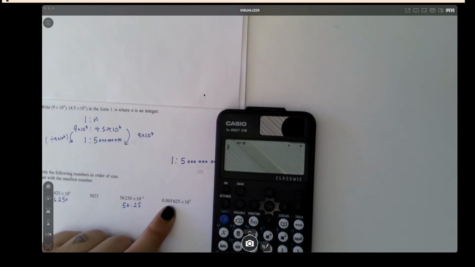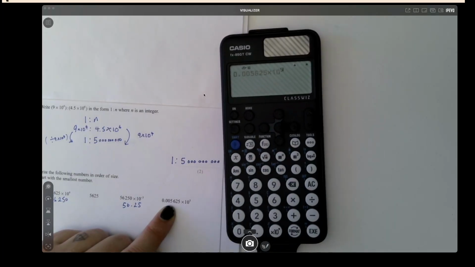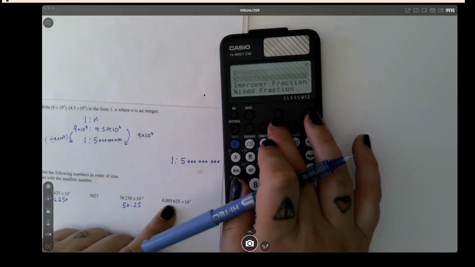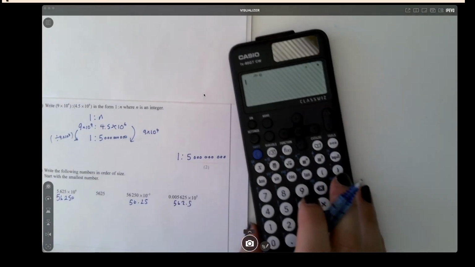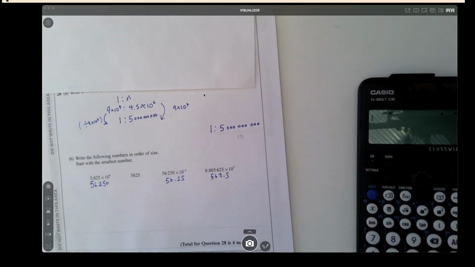And then let's do this one. So it's 0.005625 times 10 to the power of 5. Remember, I was using my standard form button here, guys. 562.5. So now that they're all ordinary numbers, I'm going to write them in order of size. So smallest number first.